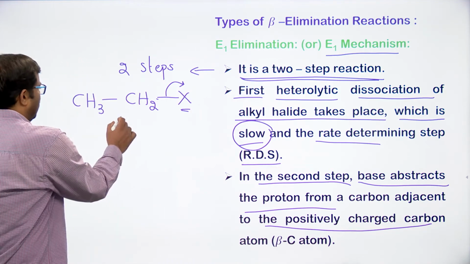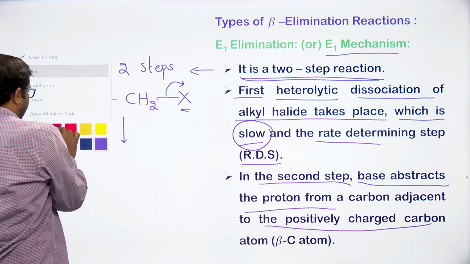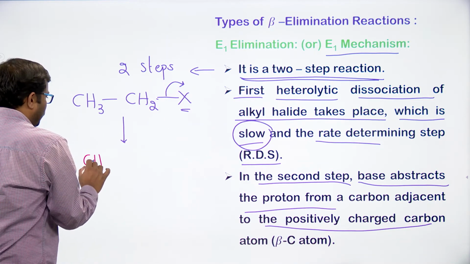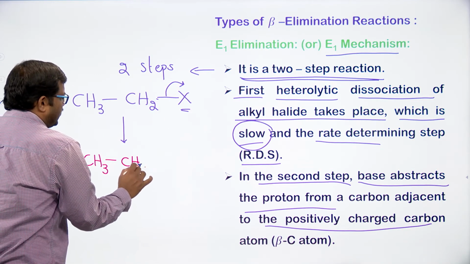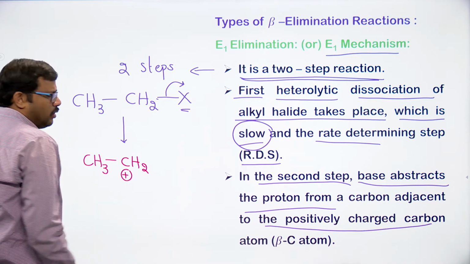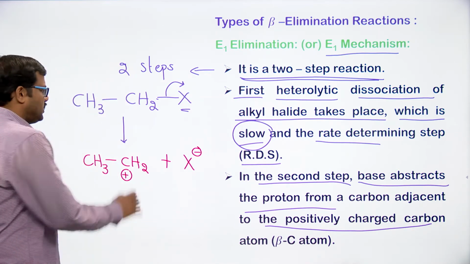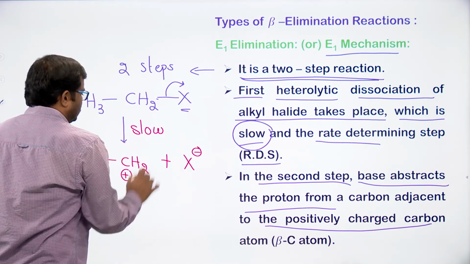For example, if this is heterolytically cleaved, X goes out in the form of X minus. So, the carbon to which the halogen was attached gets a positive charge. This is the first step, it is a slow step, slowly it is taking place.